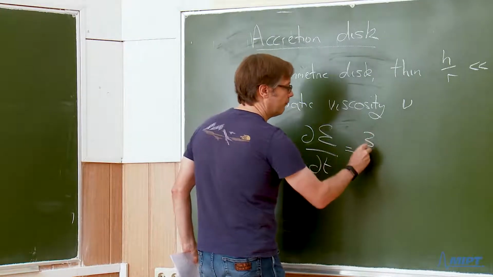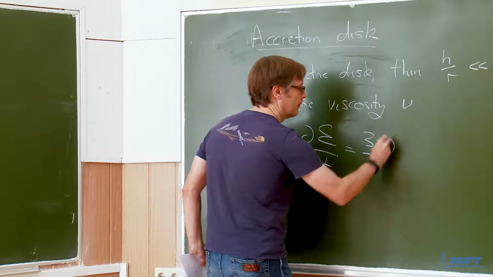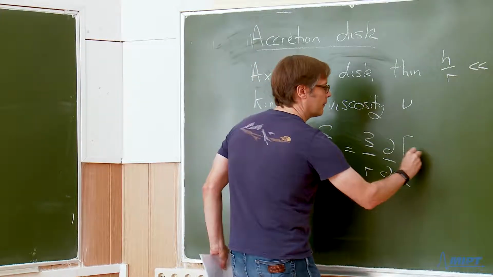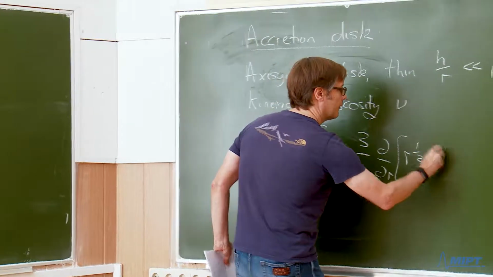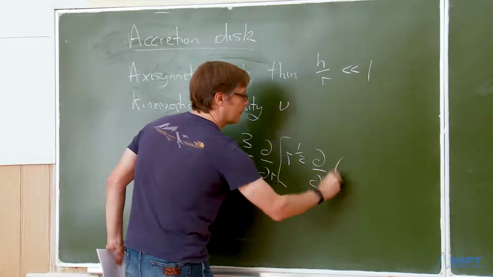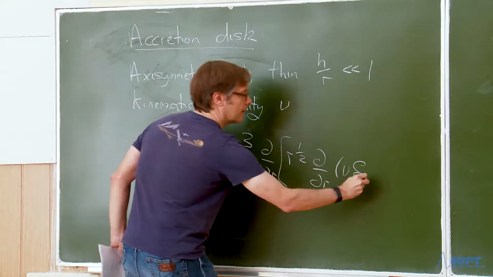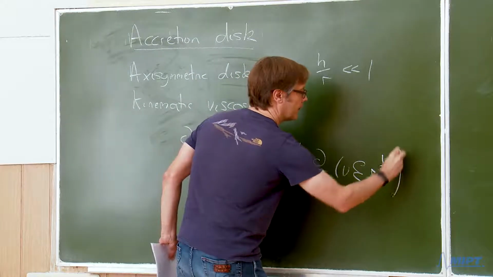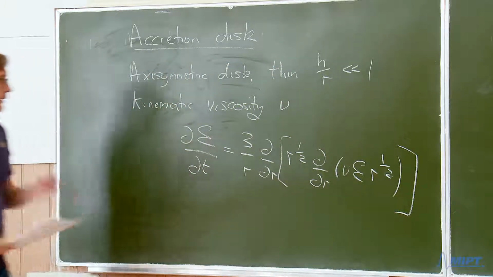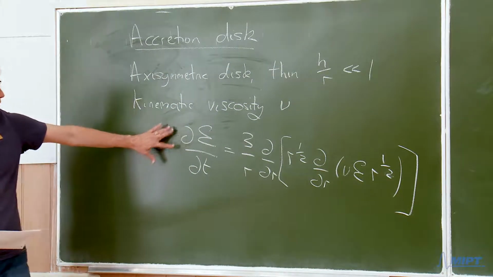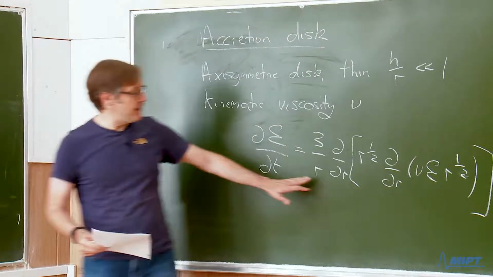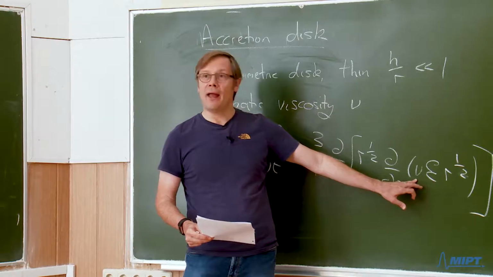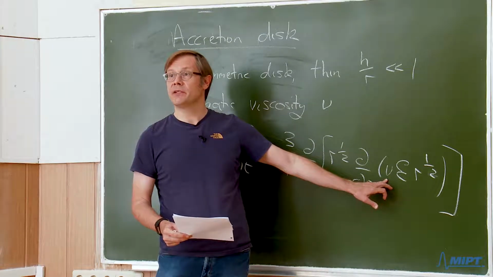That has this form. So it's a simple equation for the time evolution of sigma, and it depends on the radial gradients of the surface density sigma and this viscosity nu.